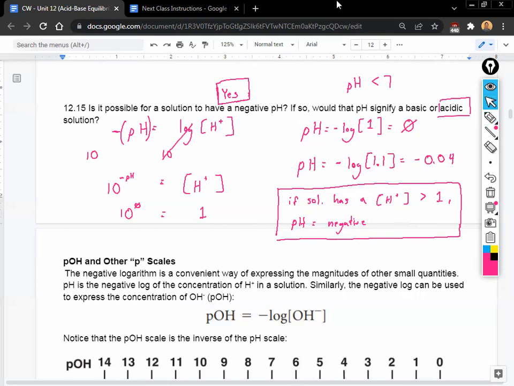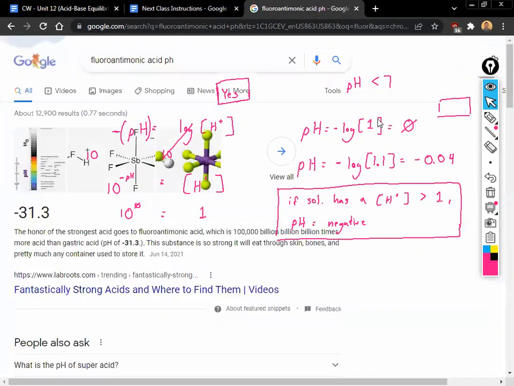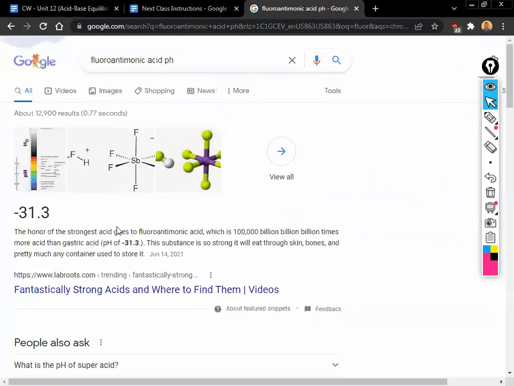Okay, and these are for super duper acidic compounds. Okay. And since you guys are probably wondering now, what is the lowest pH that we can get to? The lowest pH substance that we can find is, let me pull it up. It's a compound called fluoroantimonic acid, and it has a pH of negative 31.3.